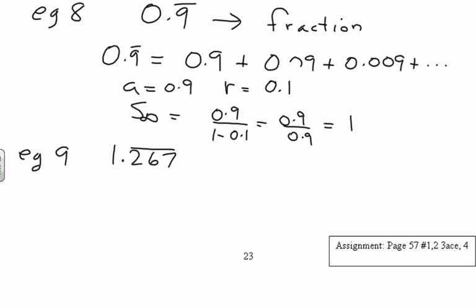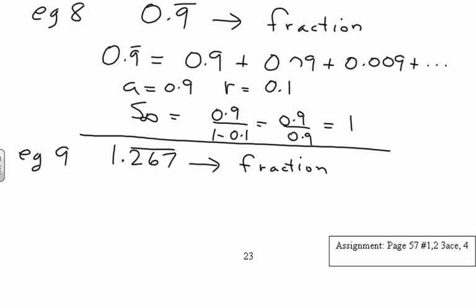I just want to make sure you guys are getting this, okay? So in example 9, I want this guy changed to a fraction, okay? Change that guy. 1.267. The bar is across the 2, 6, and the 7, but not across the 1.